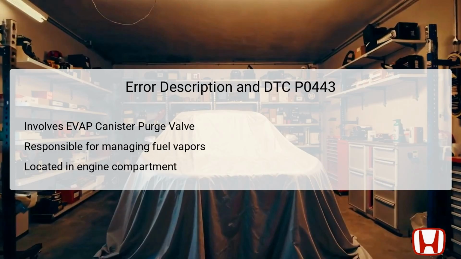If the powertrain control module, abbreviated as PCM, detects that the valve's operational feedback is inconsistent with its commanded output, it determines that there is a malfunction and stores the P0443 code. This malfunction can affect the vehicle's emissions performance and may also lead to poor fuel efficiency.